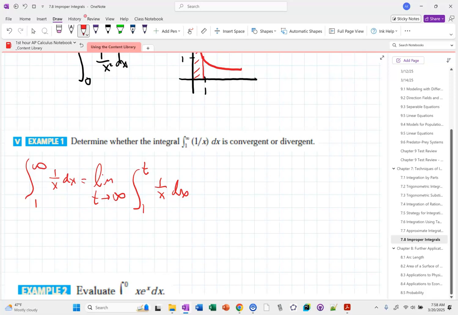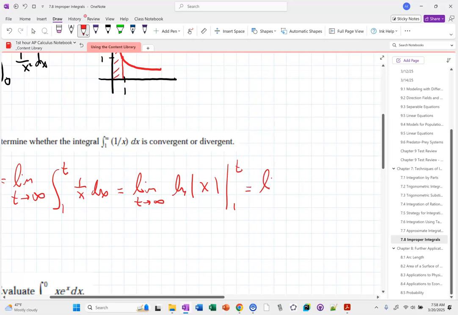Everybody's okay with that? Now we can treat this exactly like we would before. So the antiderivative of 1 over x is the natural log of the absolute value of x. Everybody feel good there?